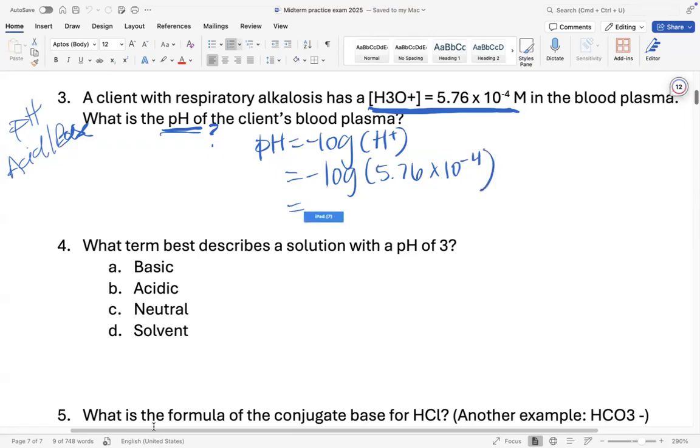Then I would plug this into my calculator, and I'm looking for a pH value between 0 and 14, because that's what the pH scale is. Next, I know it's going to be near 4. When I plug this into my calculator, I got 3.24, which fits that criteria. Any questions?